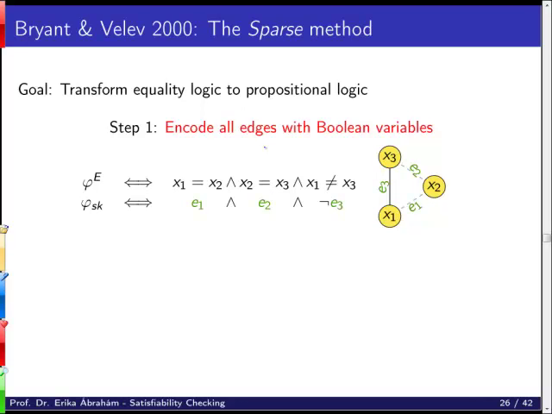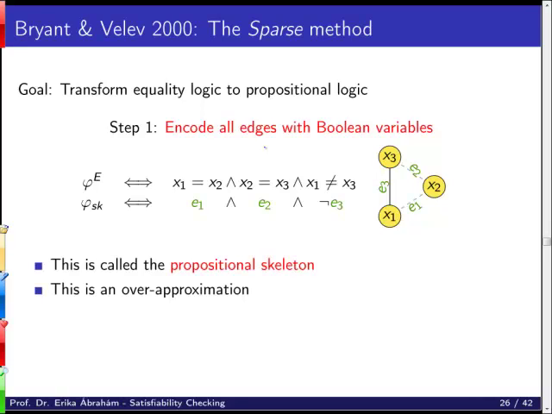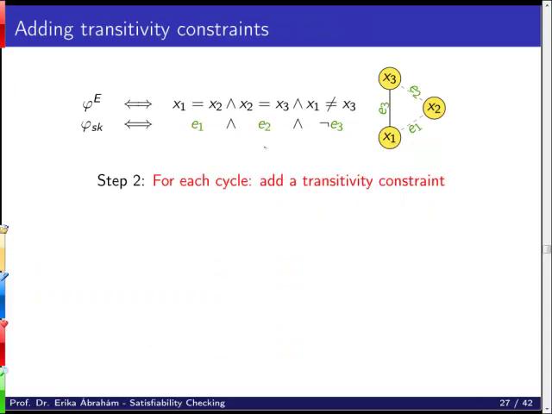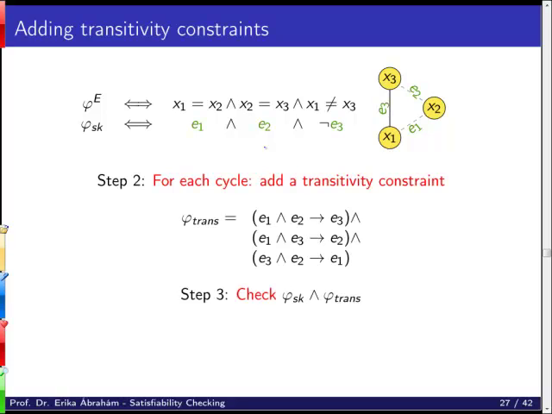Like here, we had this equality graph, then we add a name to each edge. This name is a propositional variable stating whether the equality holds or not. We build this Boolean skeleton, and we add the transitivity information by adding the implication that if two of the edges hold, then also the last one must hold. And we check this conjunction.